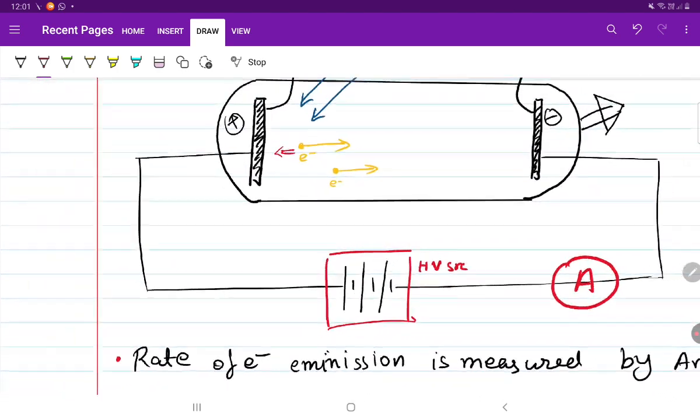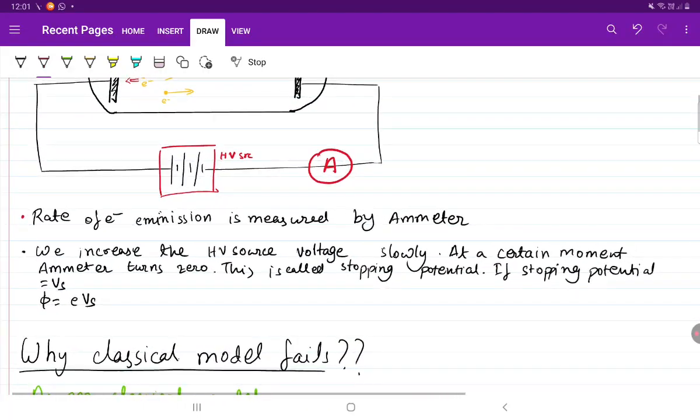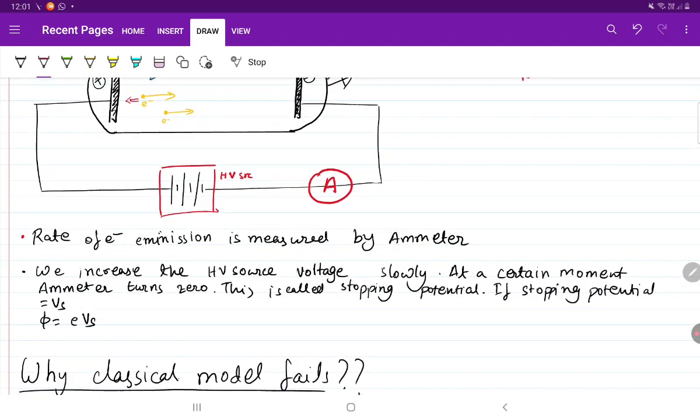I have written it in the form of theory below. The rate of electron emission is measured by an ammeter. We increase the high voltage source slowly, and we expect the force on the electron to increase.